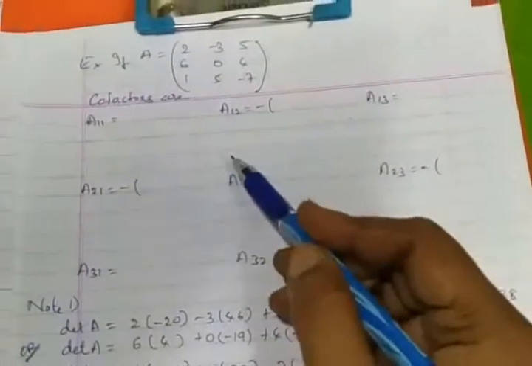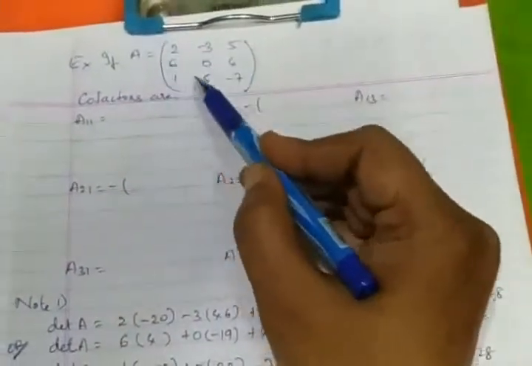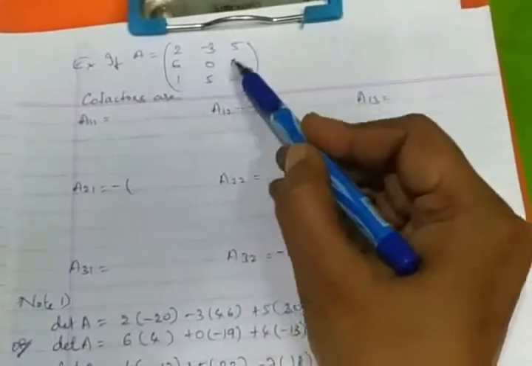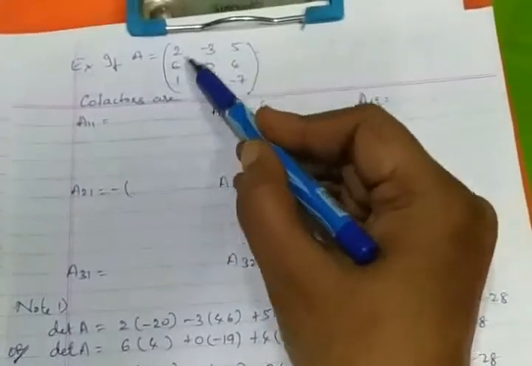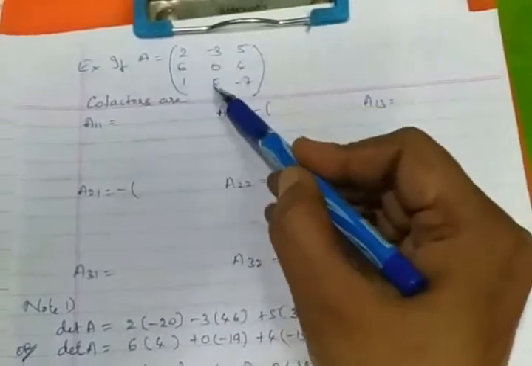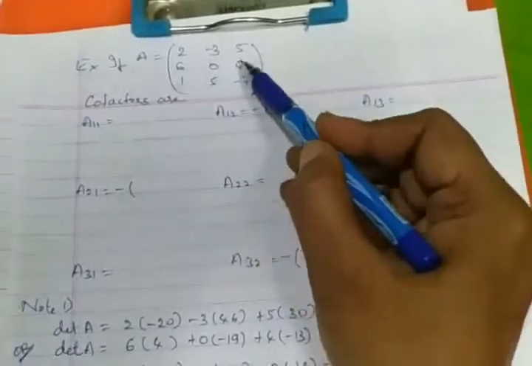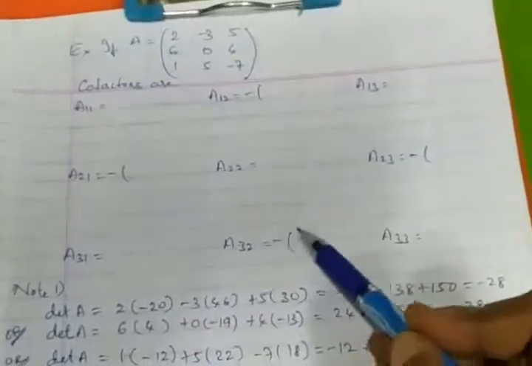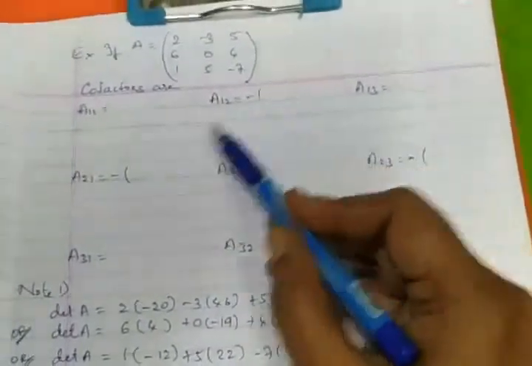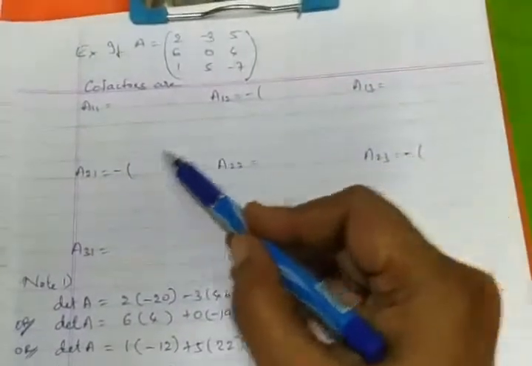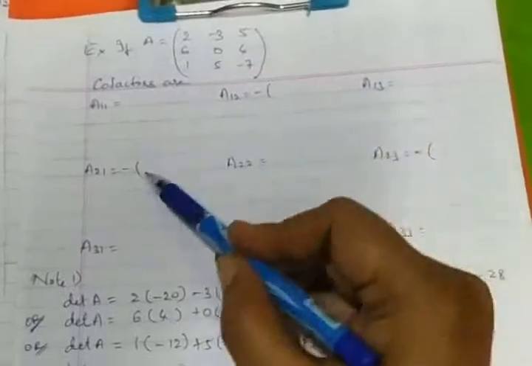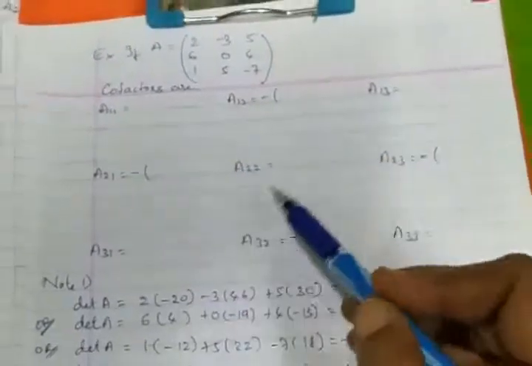Now, as I mentioned earlier also, for these 4 elements, by the sign rule, only these 4 elements, the cofactor will differ in sign as compared to the minor. So you have to put minus for these 4 elements. Only the sign makes a difference. Got it?